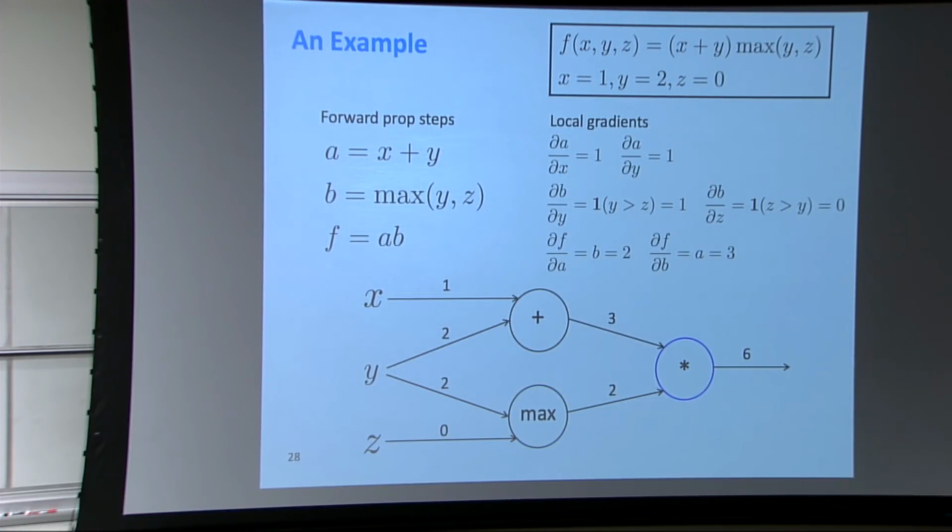And then we do the multiplication case at the end and work out its partials with respect to a and b. Since that's a times b, which have the values 2 and 3, the partial of f by a equals b, which is 2, and vice versa.